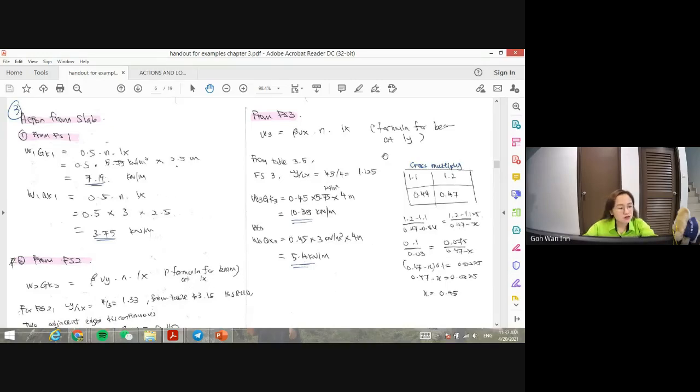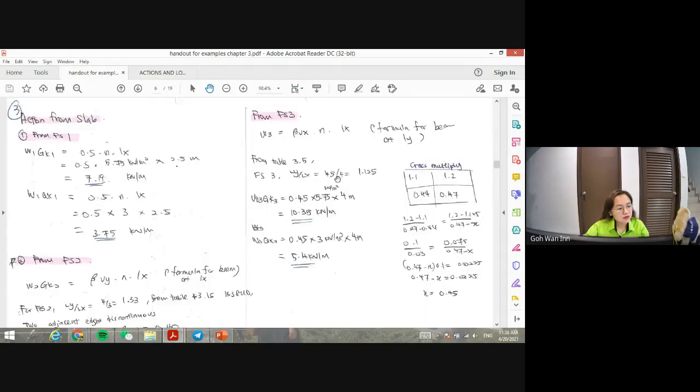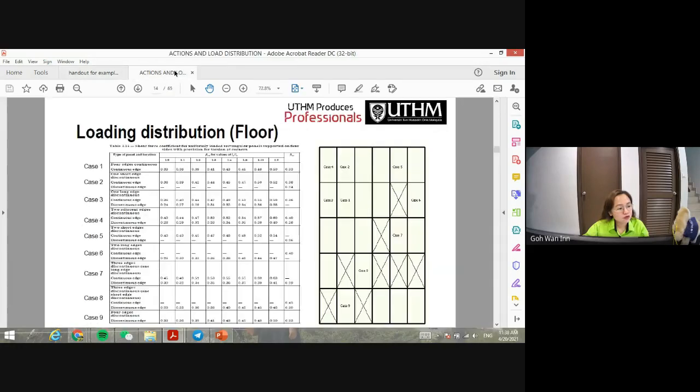So at the Ly, you're using this. From table 3.15, FS3, Ly over Lx is 1.125. You need to use cross multiplication. So we go to the table again, it is two edges discontinuous, right? And it is at 1.125, in between 1.1 and 1.2. You can go to this, case number 4.